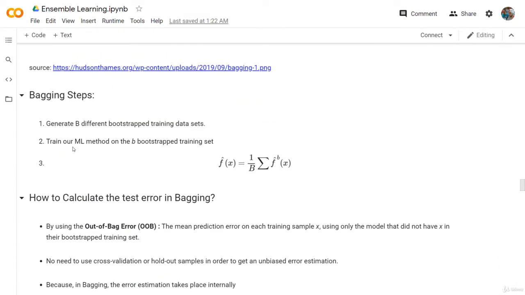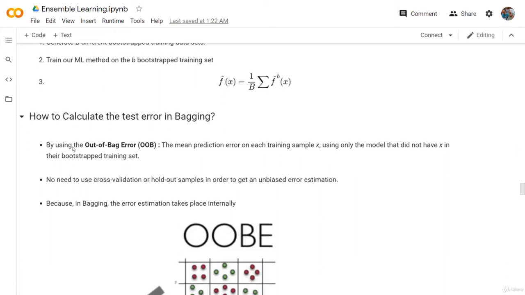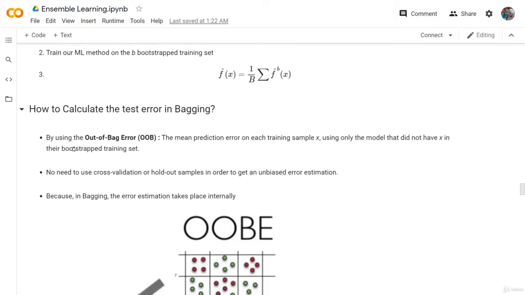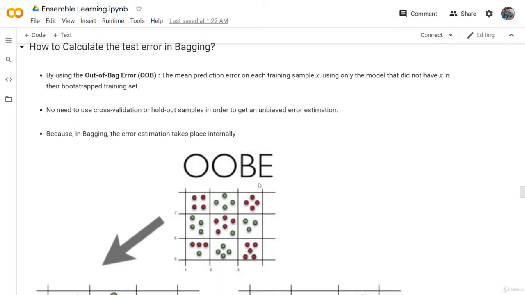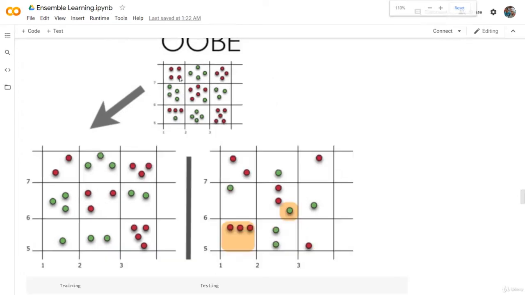So there is no need to use cross-validation or hold out samples in order to get an unbiased error estimation, because in bagging, the error estimation takes place internally. This is called out-of-bag error. As you can see, this is the training dataset, and we created this bootstrapped sample.